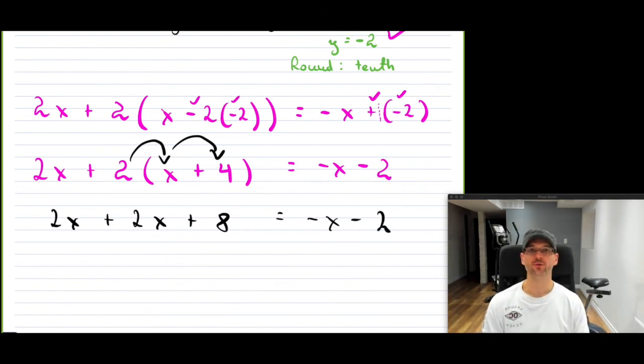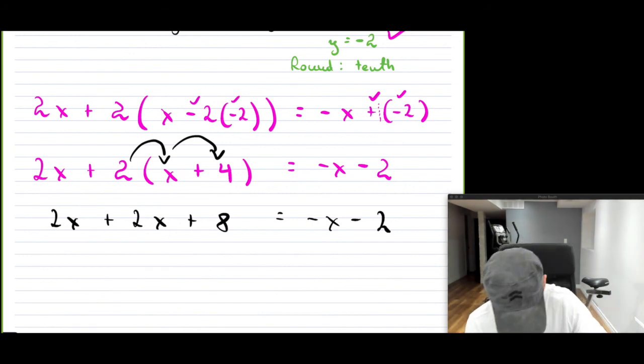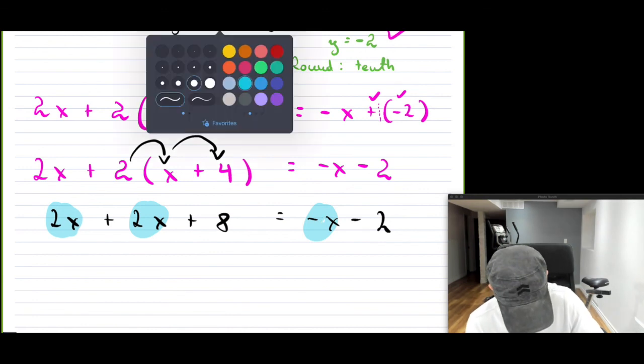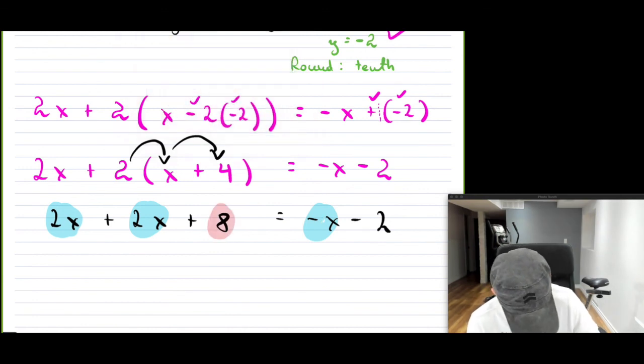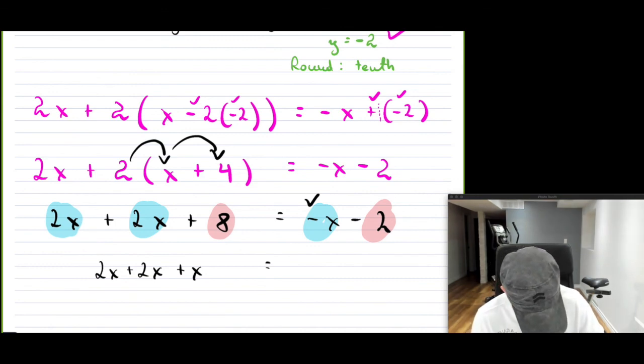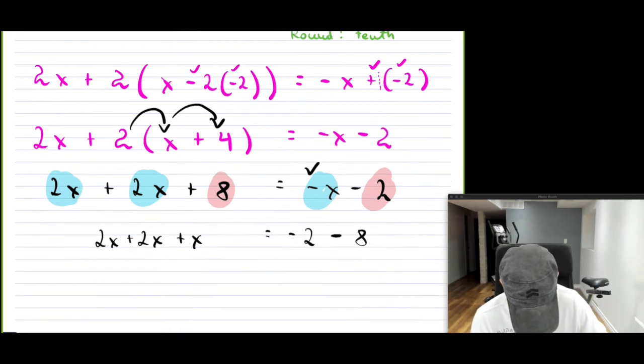Now what do we do? Collect my like terms. I got to bring everything together. So all my x's, this one, and this one, and then I'm going to bring the numbers on the opposite side. So I'm going to get 2x plus 2x plus x, sign changed, equals negative 2, and this will be minus 8.